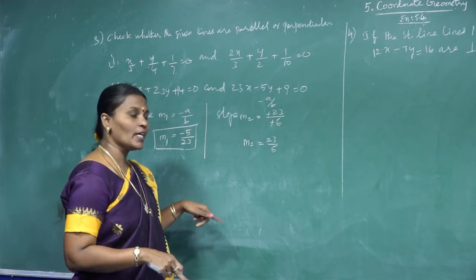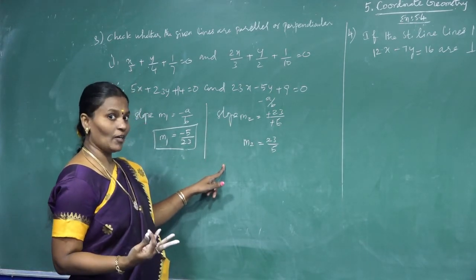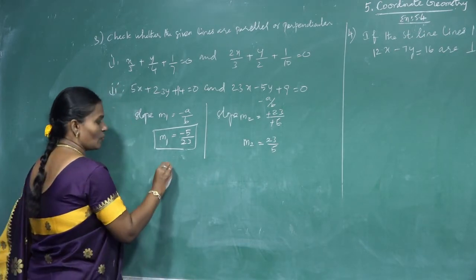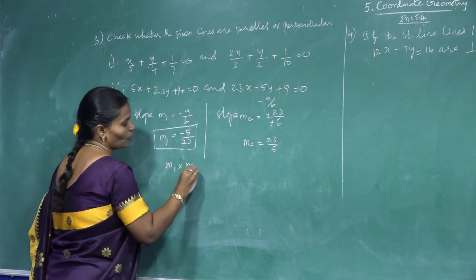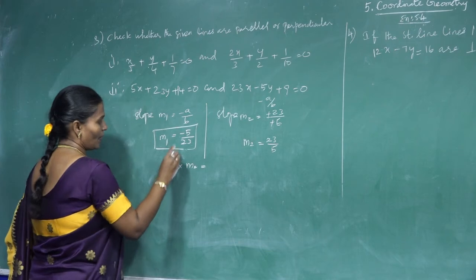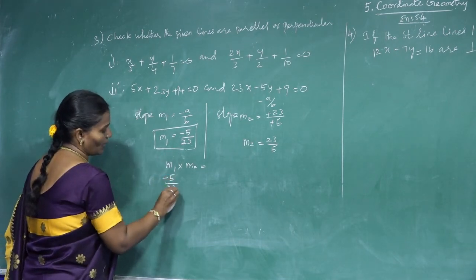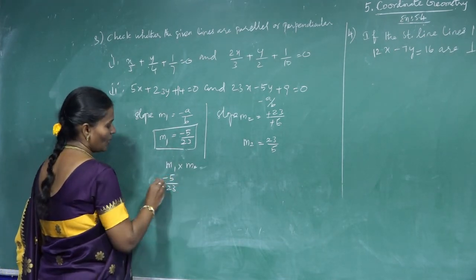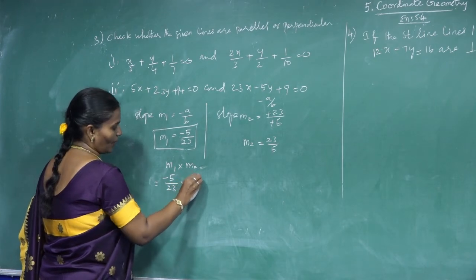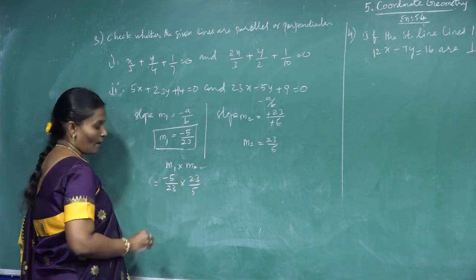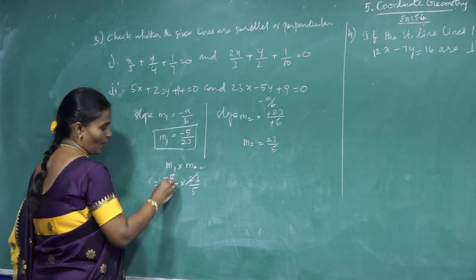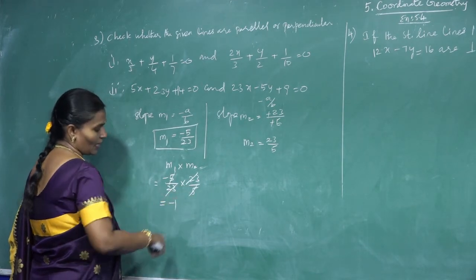Now we are going to check whether these two lines are perpendicular. Perpendicular means m1 into m2 is equal to minus 1. Now find out: minus 5 by 23 multiplied by 23 by 5. So 23 cancel, 5 cancel. So we get minus 1.